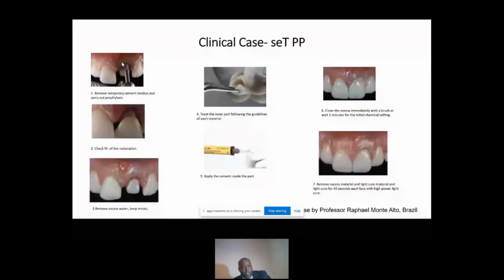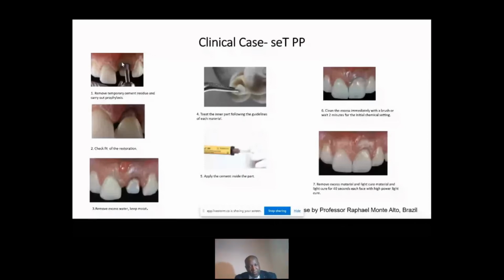So once we've checked the fit of the crown or the indirect restoration, we need to remove any excess water. But it's important, because we just said that it has adhesive properties, that we keep it moist. That's very important.